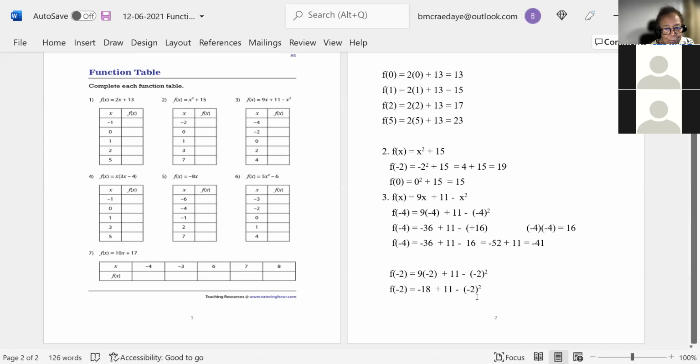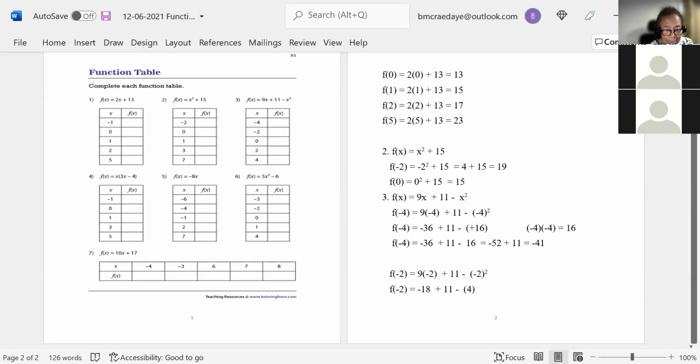No, multiplying. What's 2 times 2? That's 4. No, minus times minus give you plus. Remember I said like signs multiply to give you plus. So this would be a plus 4. Minus 2 times minus 2 is a plus 4.